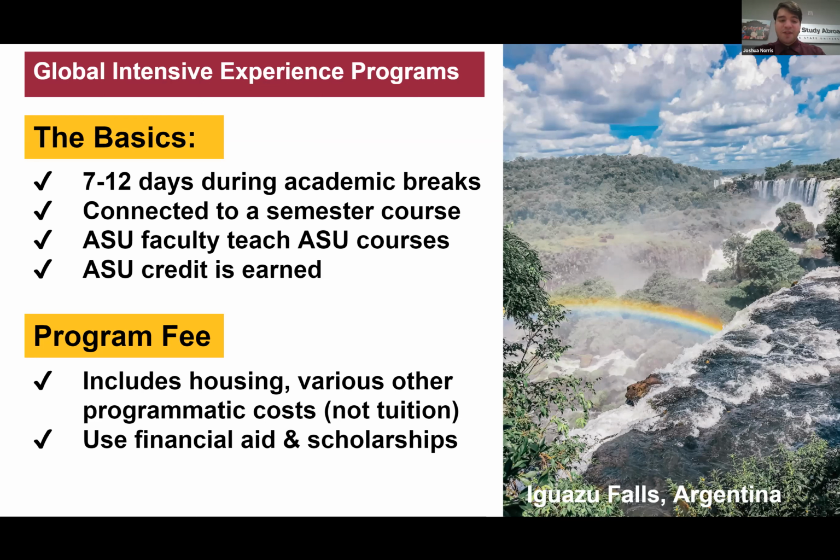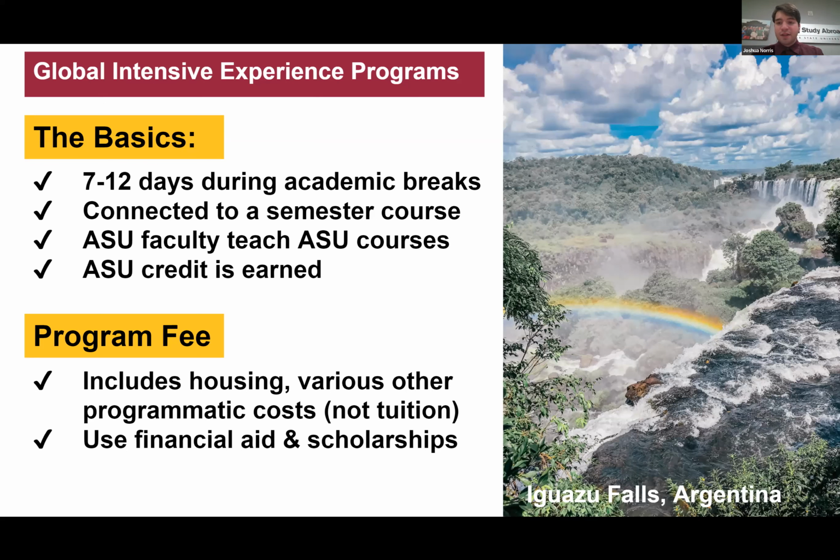For these programs as well, you'd be traveling with ASU faculty and other students. And again, ASU credit is earned for these. For these programs, they do not include your tuition for the course because that course is charged as a part of your regular semester tuition. So it would just be a part of that semester's course load.